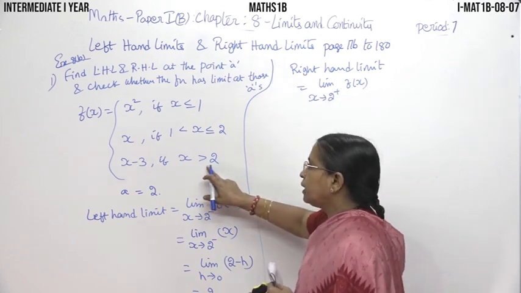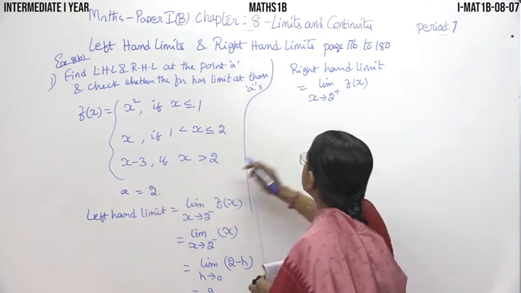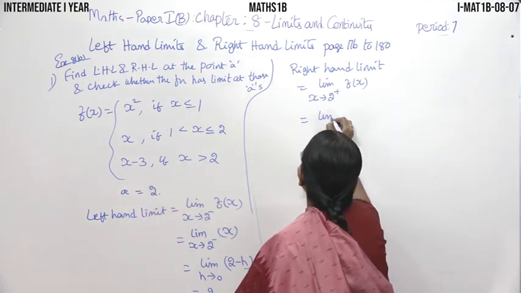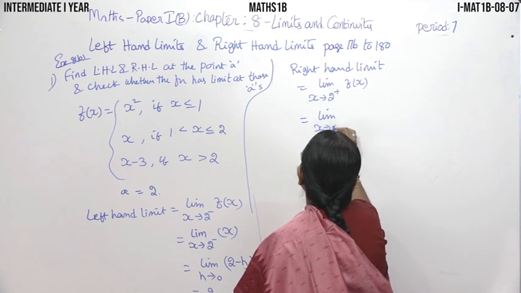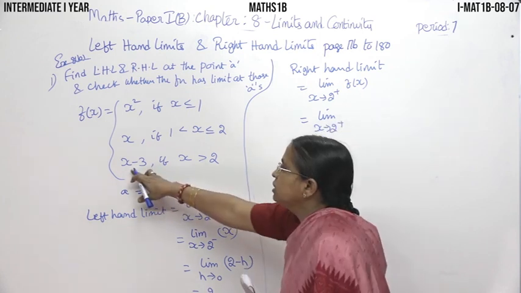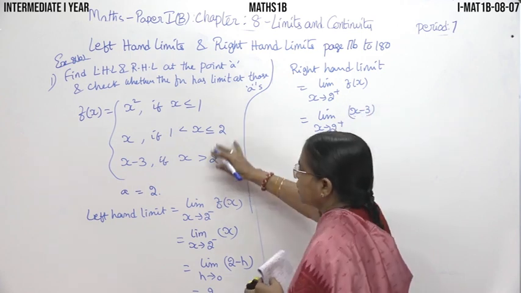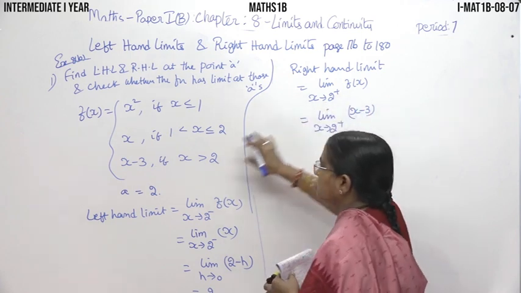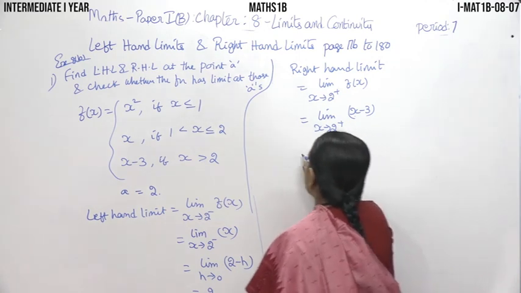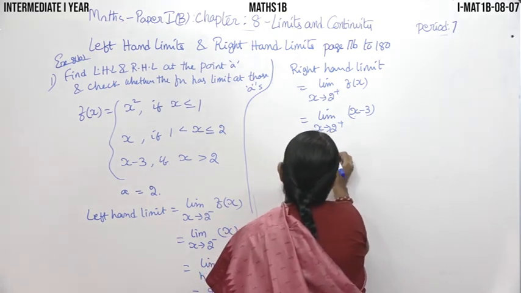Nearer to 2 but greater than 2 means it is this. I should take this definition. So it is equal to limit x tending to 2 plus of f of x, now x minus 3. How is it defined at that particular value? You should take that definition of the function.